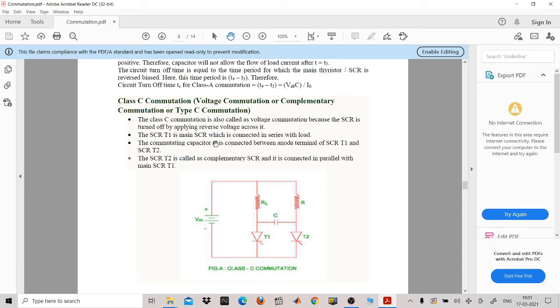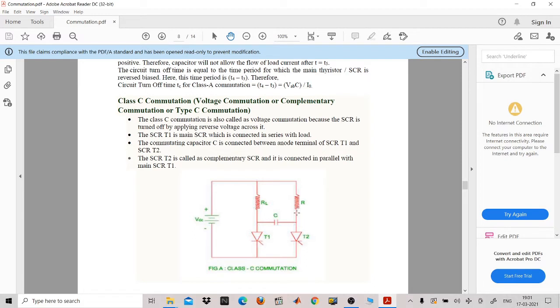In class C commutation, let us say T1 is our main SCR. If you want to turn off T1, you have to gate the auxiliary SCR.